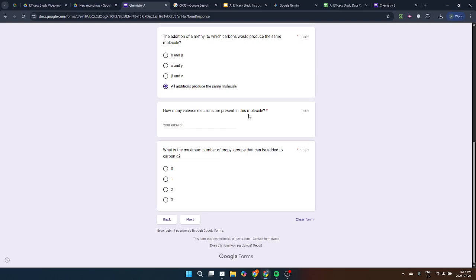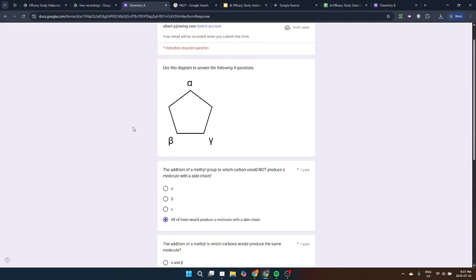How many valence electrons are present in this molecule? Okay, so the formula for this cyclopentane should be C5H10, right? Because even though there's no double bonds, it being cyclized means that you remove two of those hydrogens. So instead of C5H12, it's going to be C5H10. And so 5 times 4 is 20, plus 10 is 30.